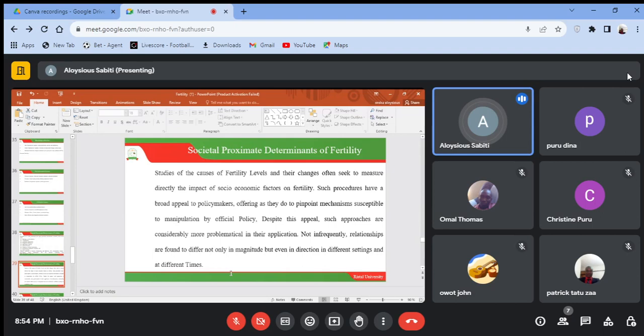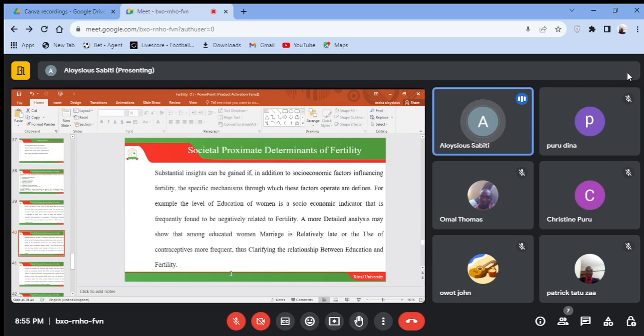So in the studies, when they look at socioeconomic factors, they will be looking at factors like income, education level, and place of residence. They will then say that an individual with a higher level of education will have fewer children than a woman with a lower level of education. That is what most researchers do.